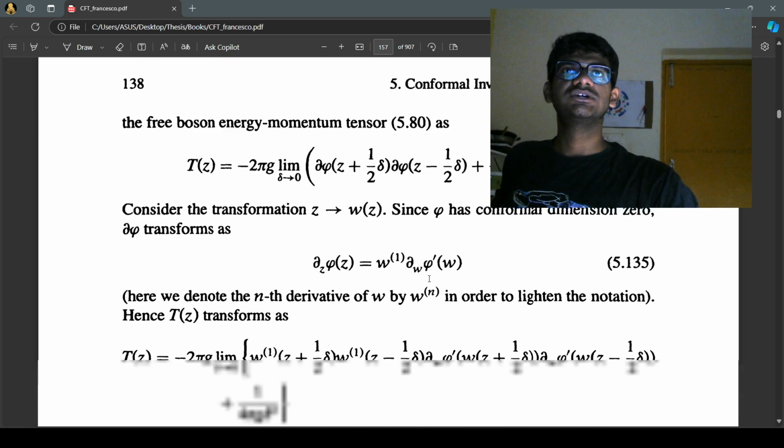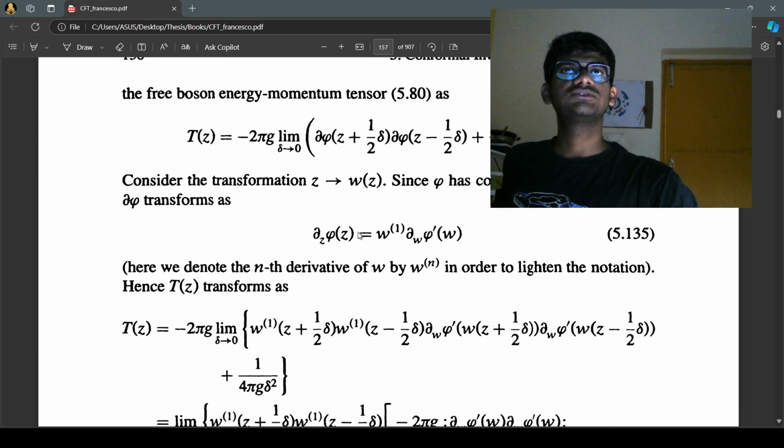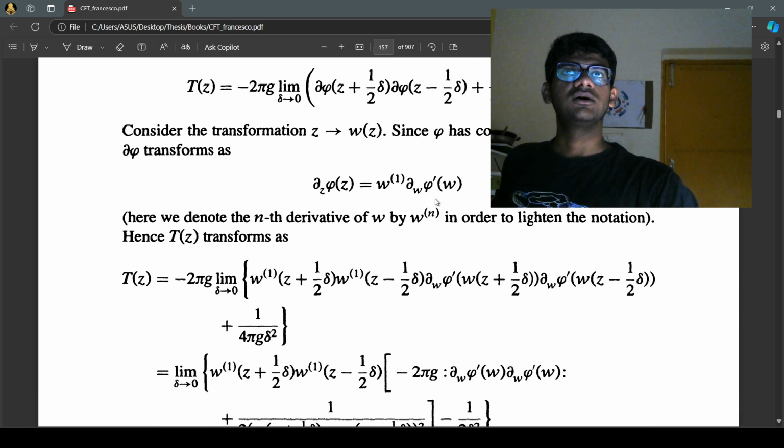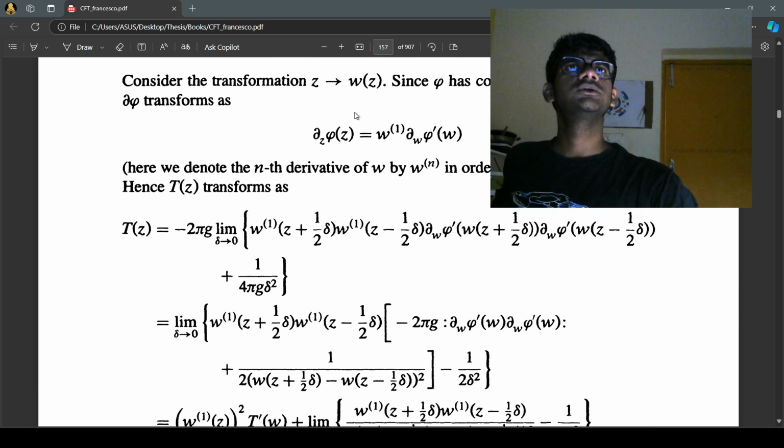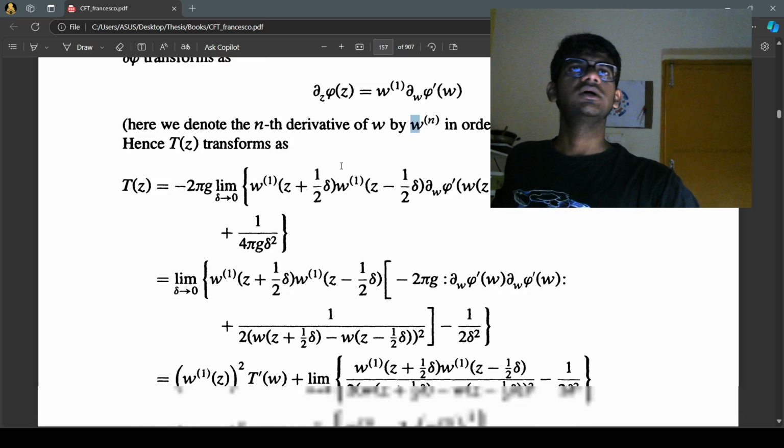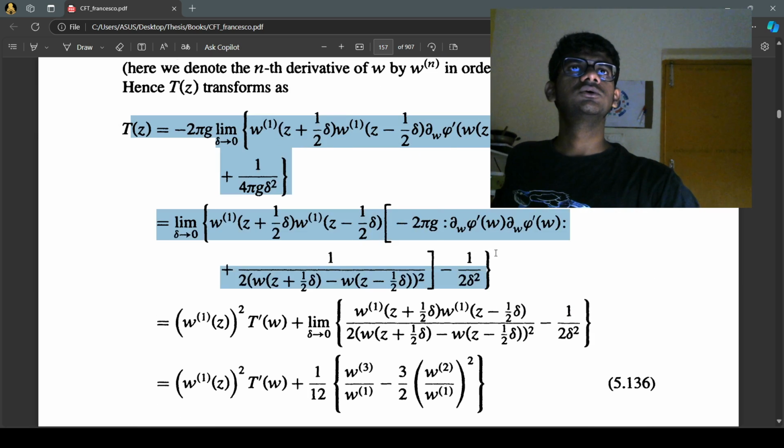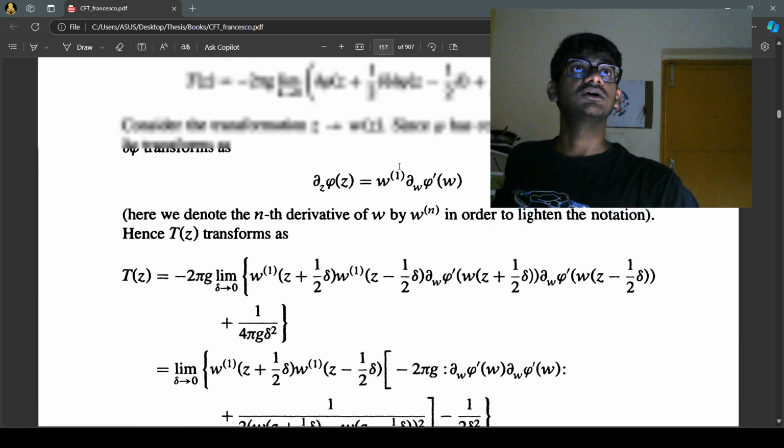So you consider the free boson EM tensor, and you already know that del z phi transforms with conformal dimension 1, and go through these explicit calculations.